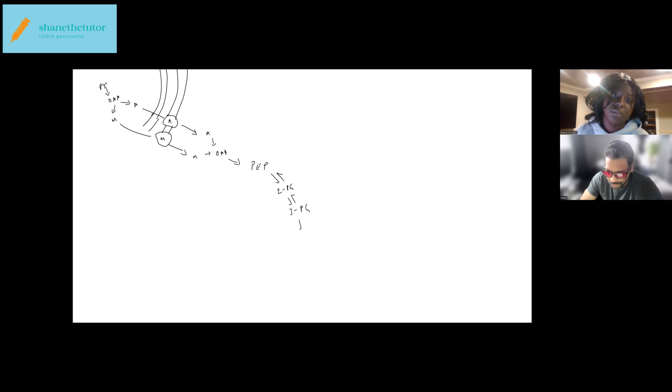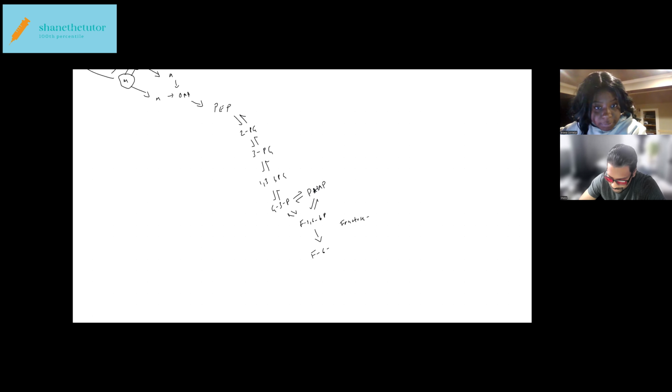And then this can get phosphorylated again into 1,3-bisphosphoglycerate and into G3P, which can do the thing with DHAP, and ultimately can give you your fructose 1,6-bisphosphate, which can be dephosphorylated into fructose 6-phosphate.